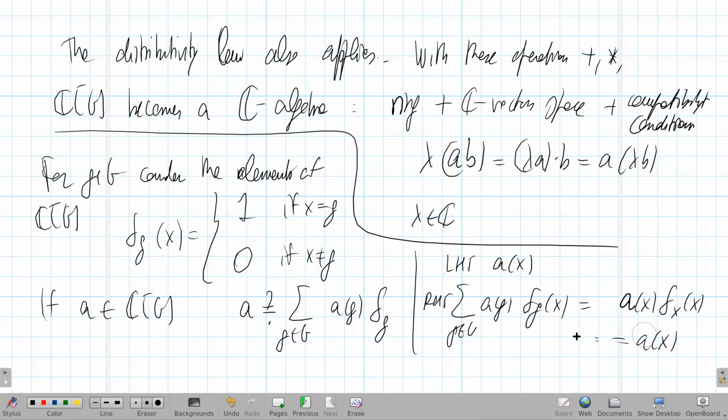So they are the same, because CG is just made of maps from G to C. And so every element of CG, of the group algebra, can be written as a linear combination of the delta g. We already saw that as a C vector space, CG has dimension the order of G. The delta g, since you have a delta g for every g, are exactly of the right number.